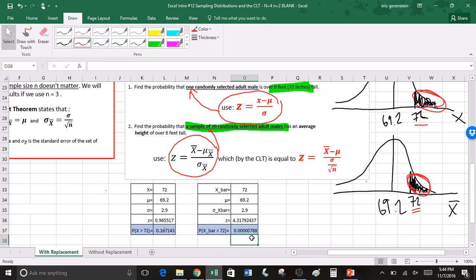A much, much lower probability. And this is what we would expect, because we expect a high likelihood of deviation from average for individual values, but as sample size goes up, variability goes down. And that's what we see over here on the right. Sample size goes up from 1 to 20, so the variability goes down.